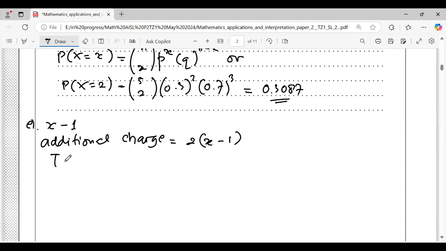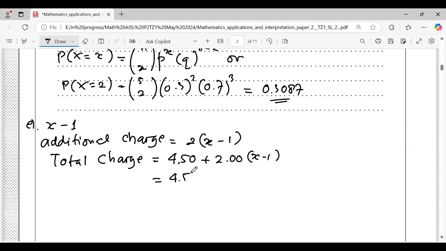And the total charge is 4.50 plus 2.00 times x minus 1.